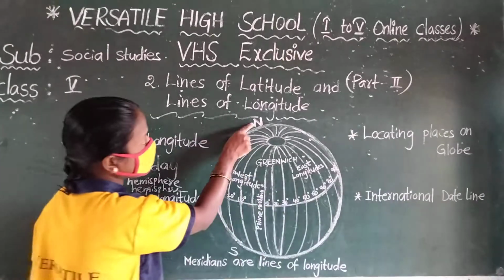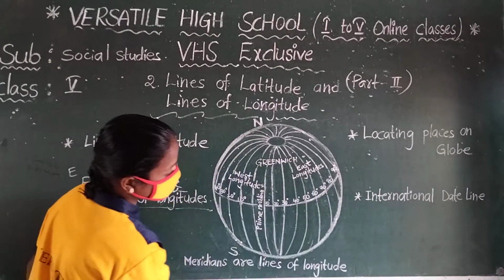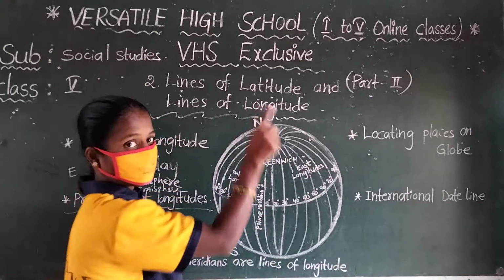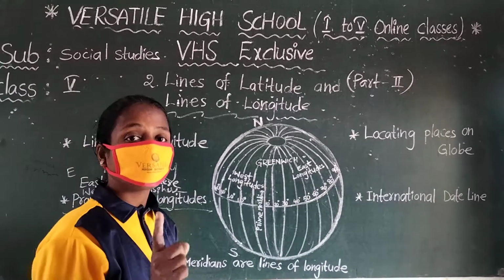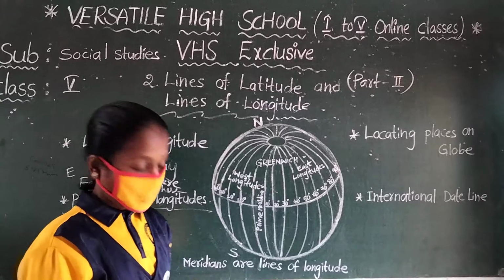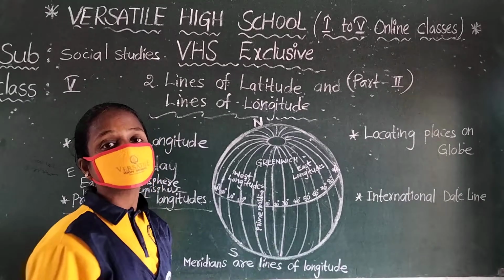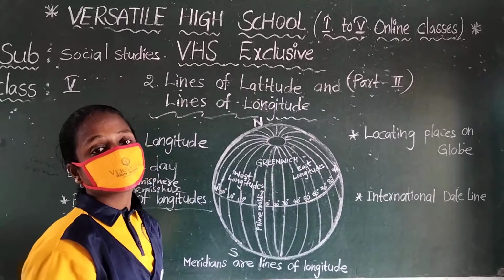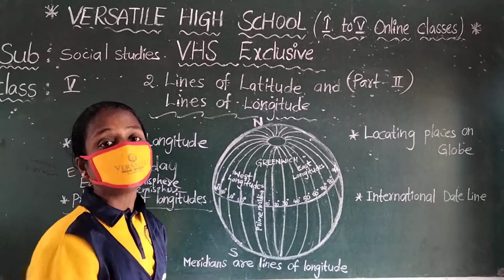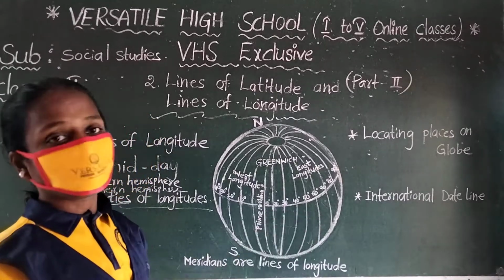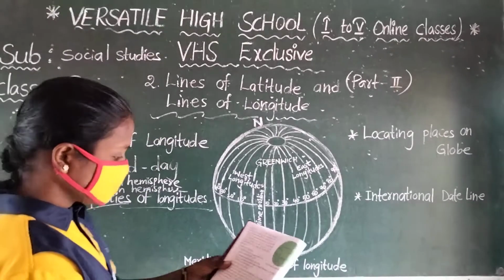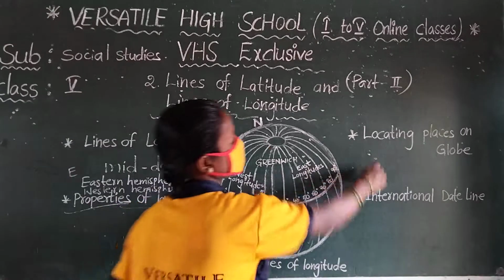Suppose you draw all the longitudes on the globe, they are meeting at only one end point. And here the equator is the farthest part, where the longitudes are widest apart.